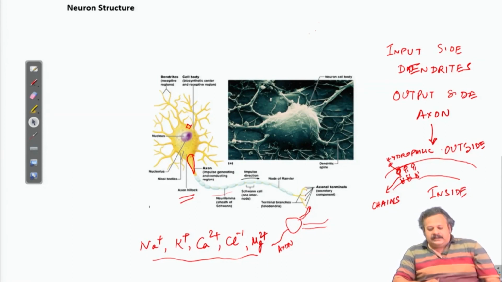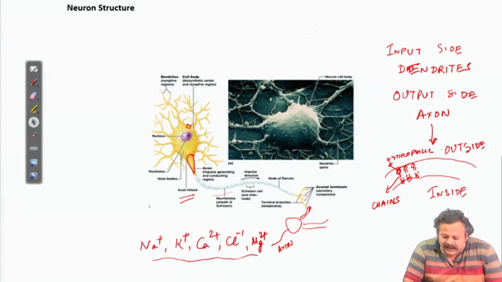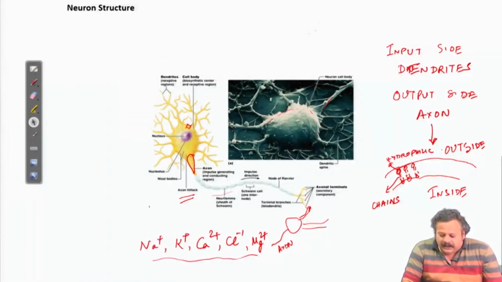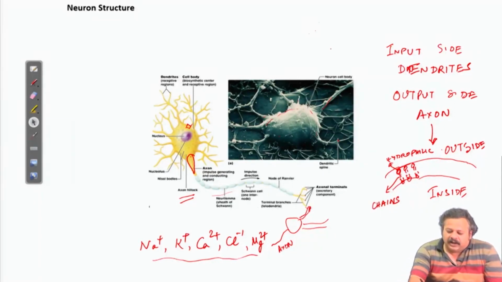As you can see here, in this particular diagram, this is an example where we have the soma in a cultured neuron, and there are multiple dendrites that have projected from the cell body, and these dendrites have protrusions on them which are called the dendritic spines.